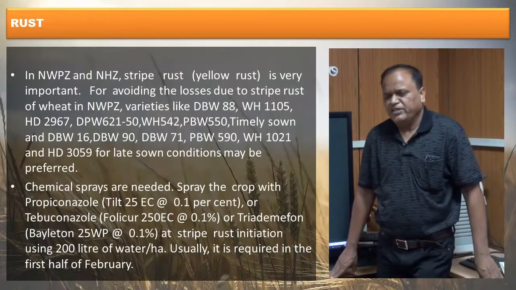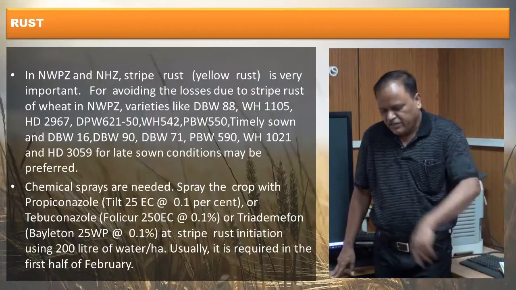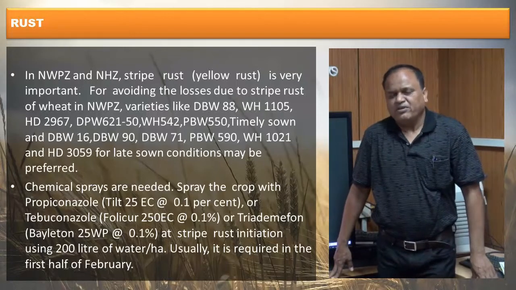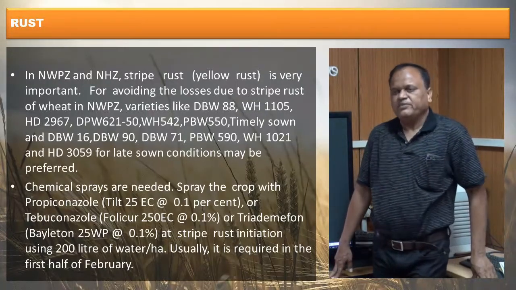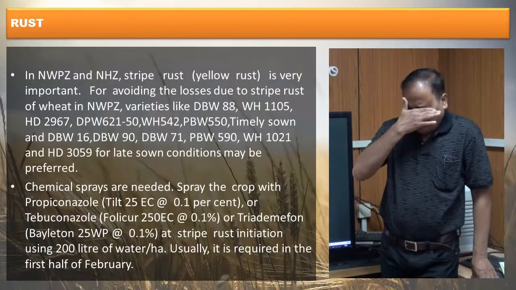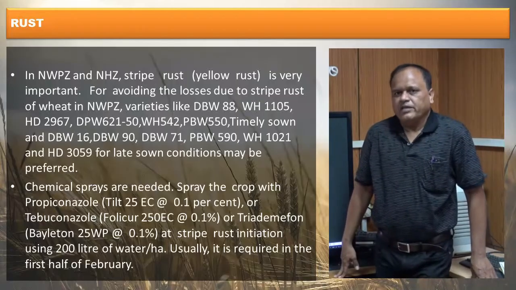Take for example, in Jharkhand you will hardly find any type of disease. But in case of Bihar or West Bengal or eastern part of UP or some parts of the northeast, you will find foliar blight or yellow rust.